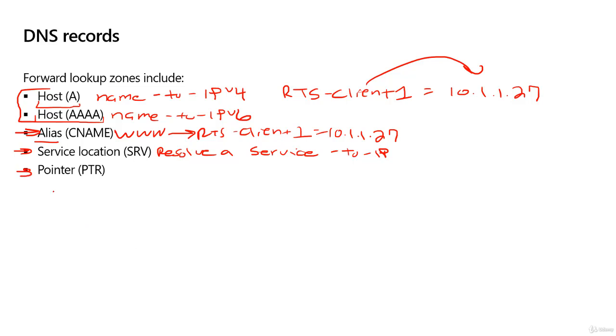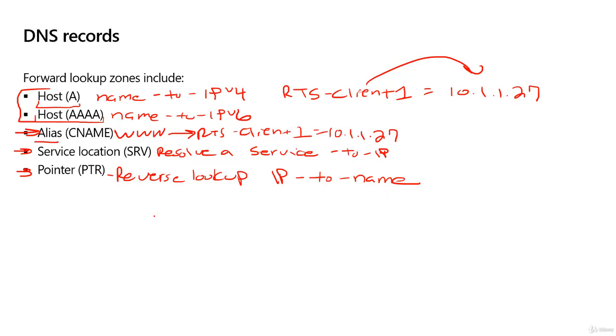The last record we have here is a pointer record. This is for a reverse lookup. This record takes an IP address and resolves it to a name. So this is actually in a reverse lookup zone, not a forward lookup zone.